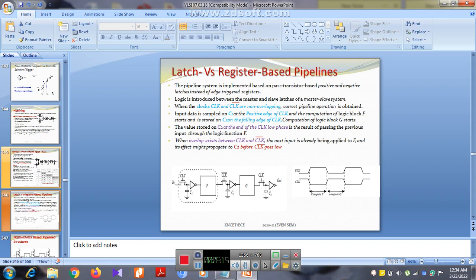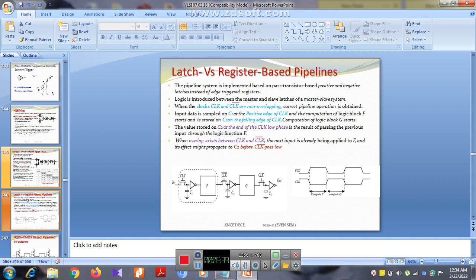Then the computation of logic block G starts. The value stored on C2 at the end of the clock low phase is the result of passing the previous input through the logic function F.